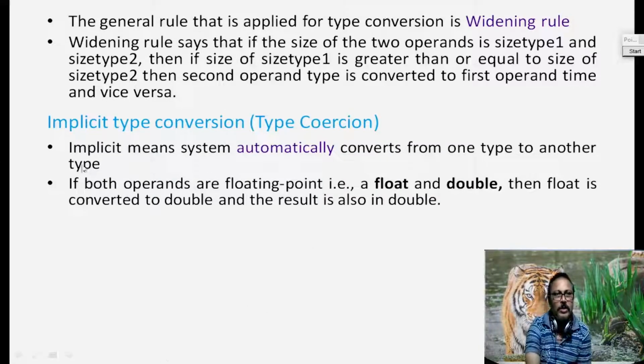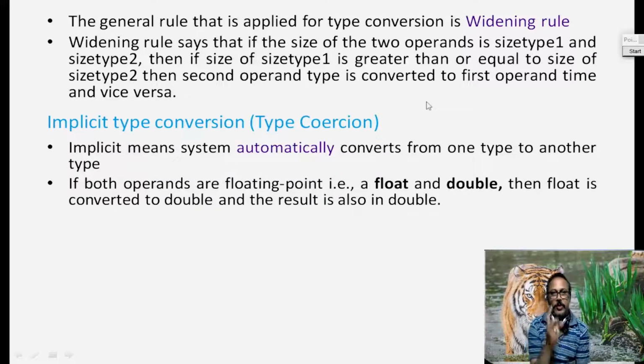Widening rule says that if the size of type 1 is greater than or equal to the size of type 2, then the second operand type is converted to the first operand type, and vice versa.